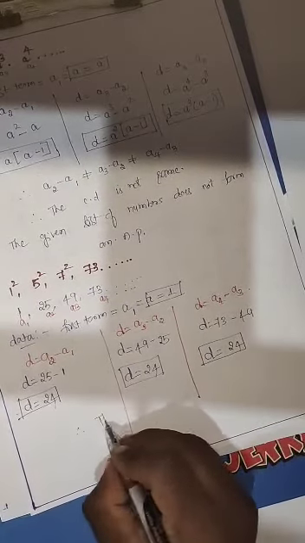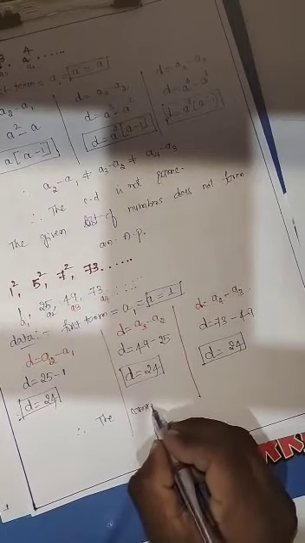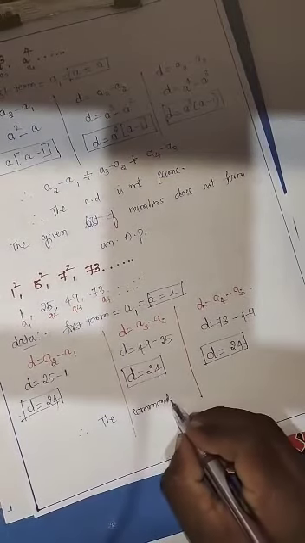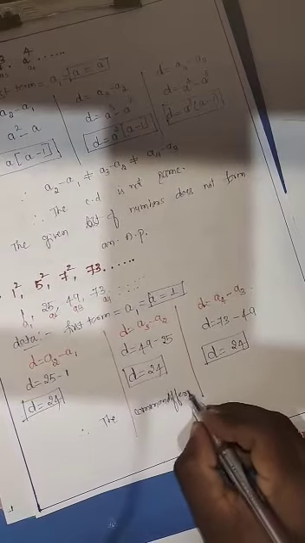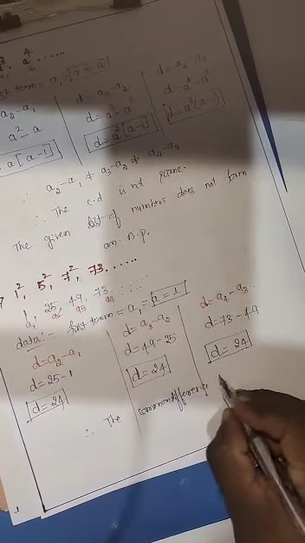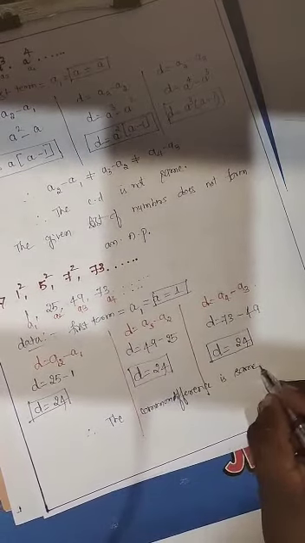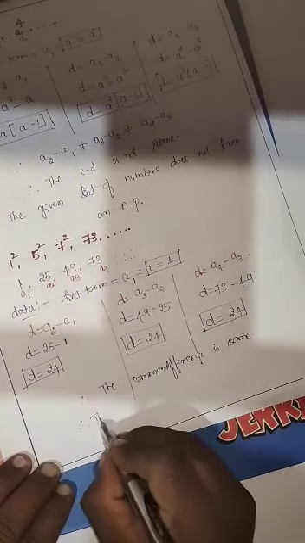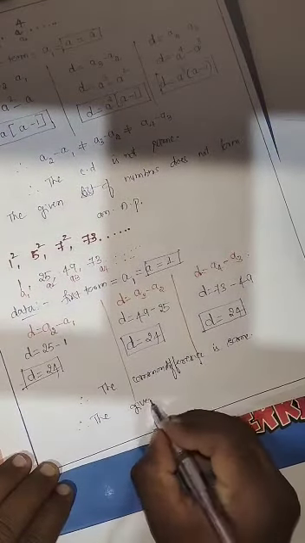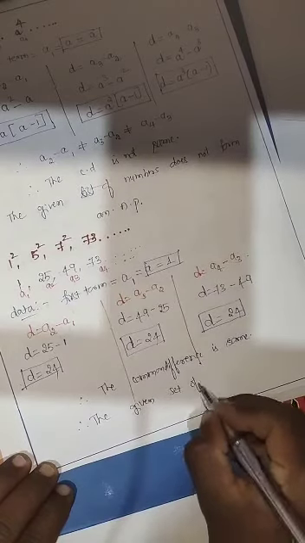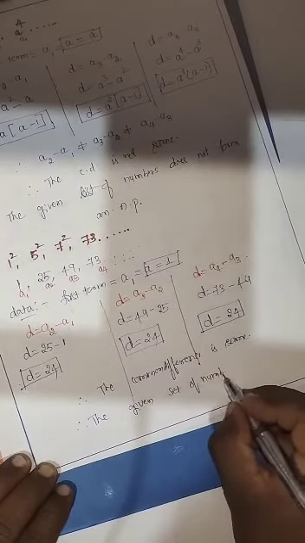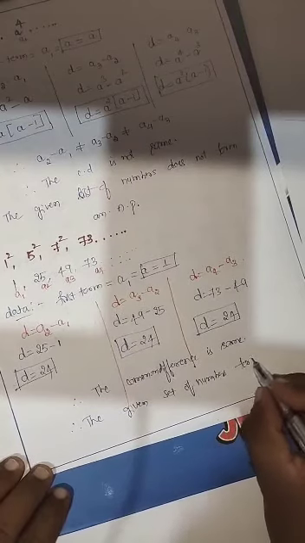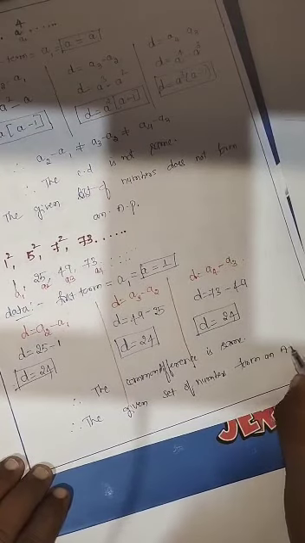Therefore the common difference is the same, and the given set of numbers forms an arithmetic progression.